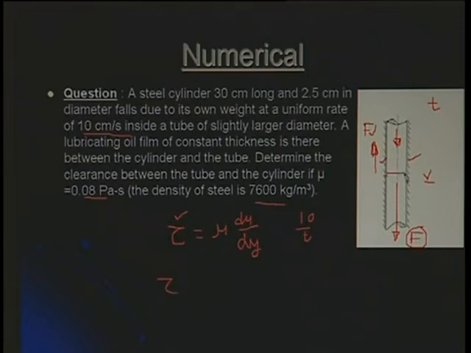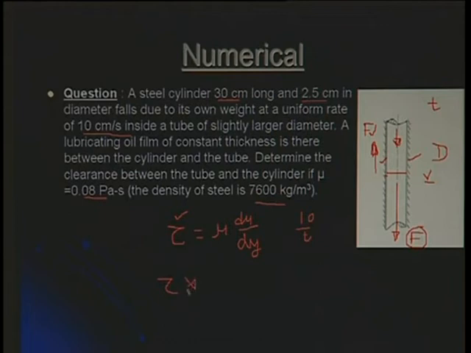If this diameter is d, and length of the cylinder is given 30 centimeter long and 2.5 centimeter in diameter, then shear area will be pi dl.